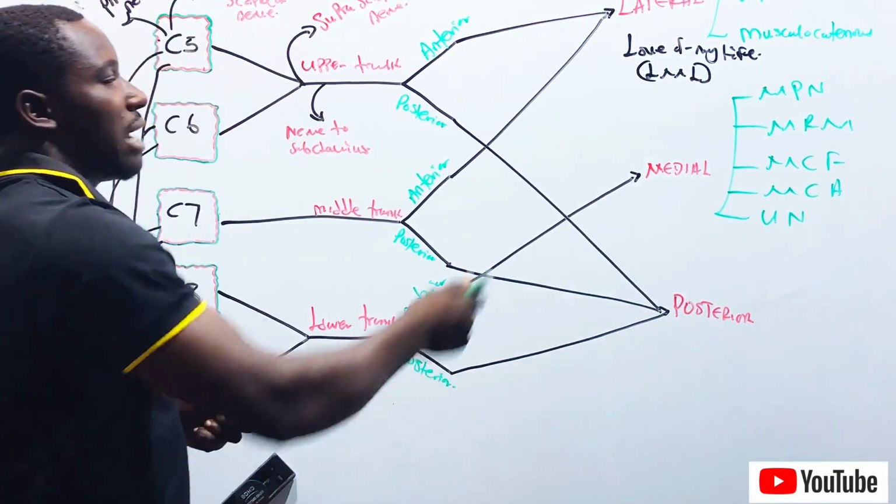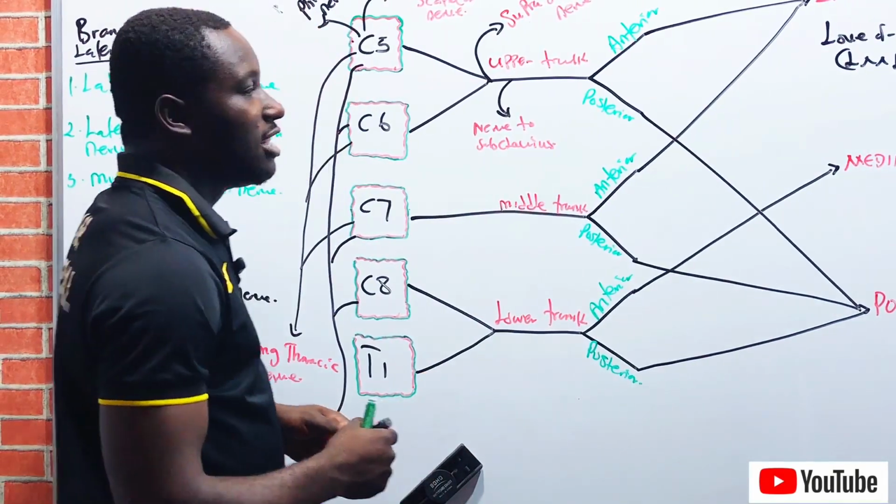So these are the branches from the medial cord of the brachial plexus.